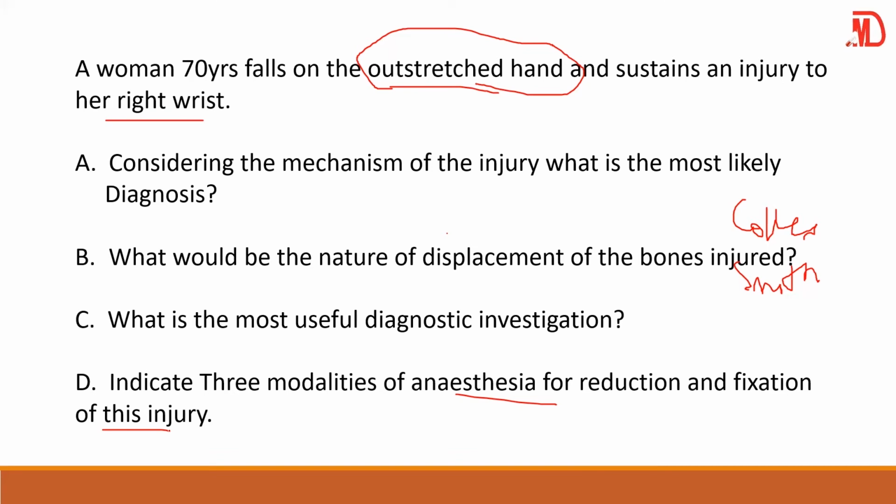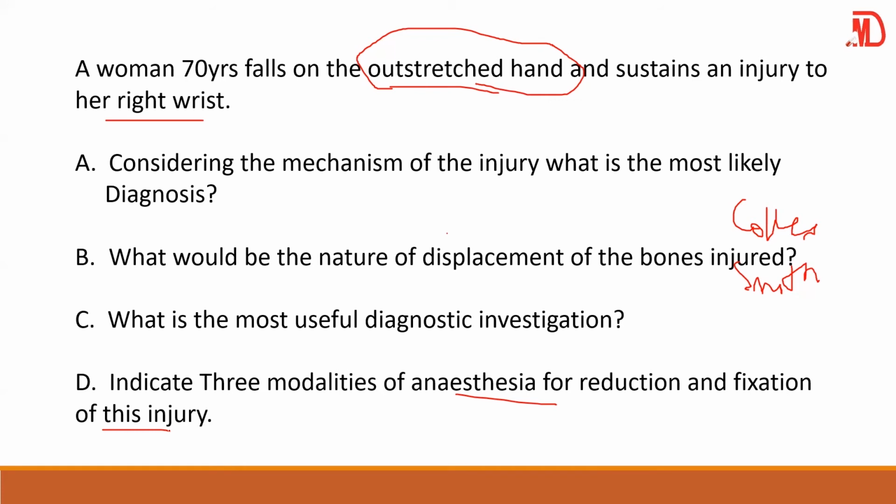You can apply POP, but before you apply the POP, you have to reduce the fracture, because the fracture will have displaced. You have to put it back the way it was before you can do your POP or whatever modality you want to use to treat the patient.